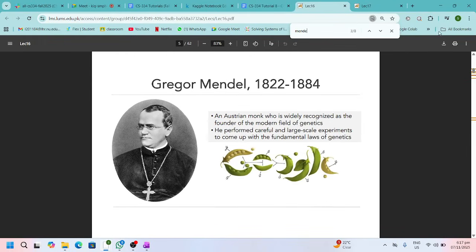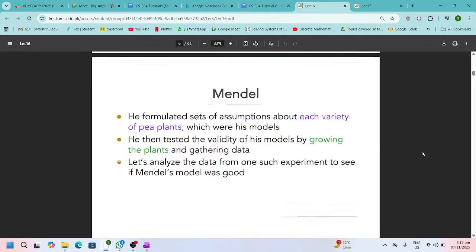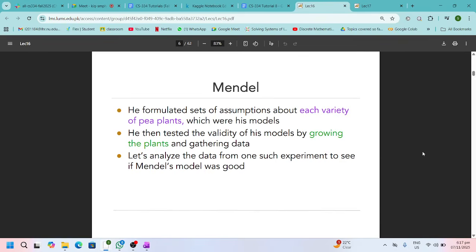So, to do a quick recap, this was the guy. He was an Austrian monk who is widely recognized as the founder of modern genetics. He performed careful and large scale experiments to come up with the fundamental laws of genetics. Anyway, let's go over Mendel's model of pea flowers.